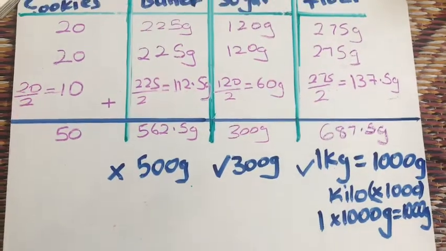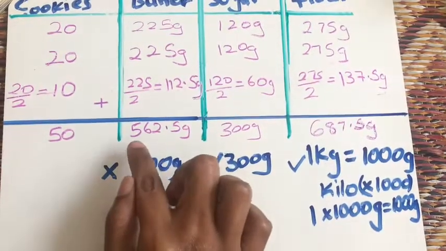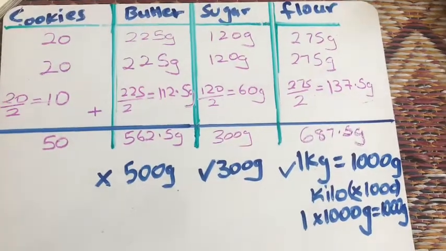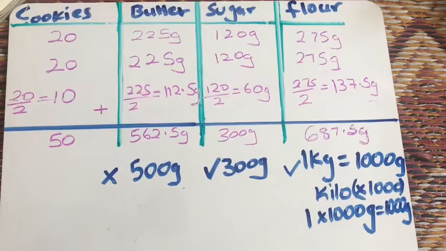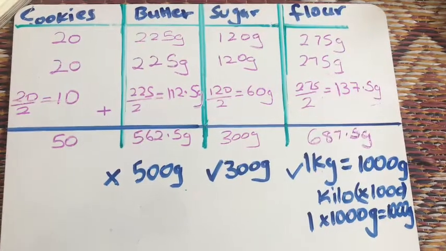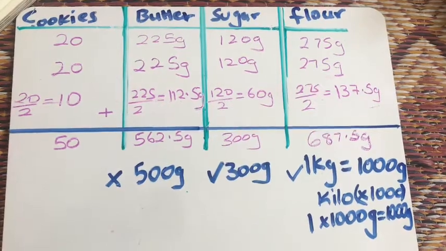And in order to get the 50 cookies, she would need to have 562.5 grams of butter, 300 grams of sugar, and 687.5 grams of flour. So she does have enough sugar and flour, but she would need another 62.5 grams of butter.